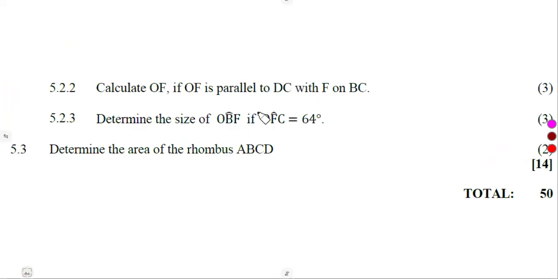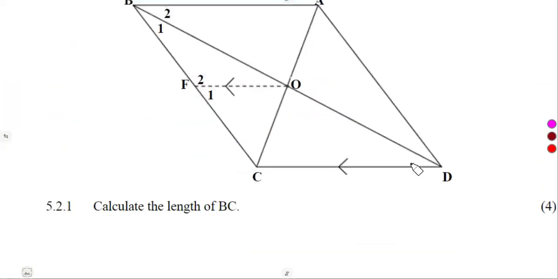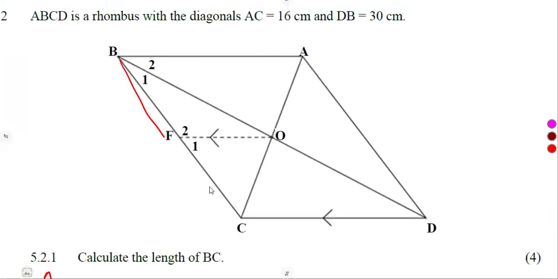They are saying calculate the length of BC, from B to C. Remember, guys, the diagonals of a rhombus bisect each other perpendicularly. They bisect each other at 90 degrees.